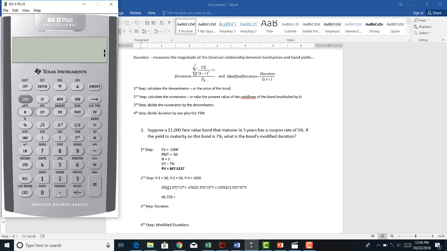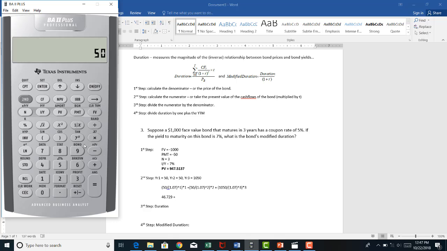I'm going to start in parentheses for my second cash flow here. 1.07 raised to the power of 2 equals 1.1449.